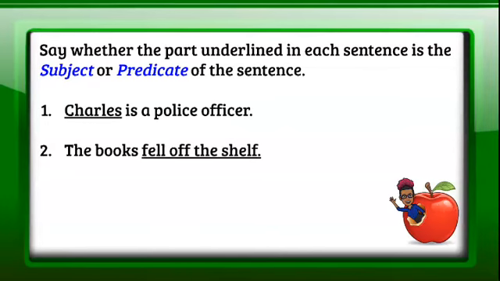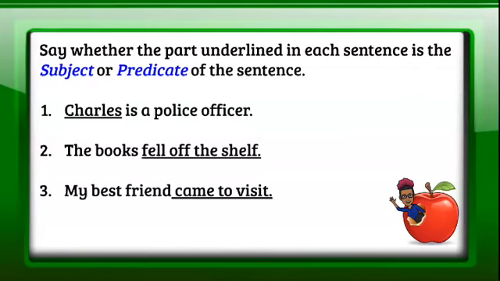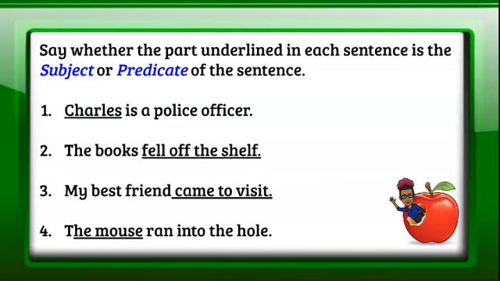Sentence number 2, the books fell off the shelf. Sentence number 3, my best friend came to visit. 4, the mouse ran into the hole. So look at your sentences and the underlined part in each sentence.